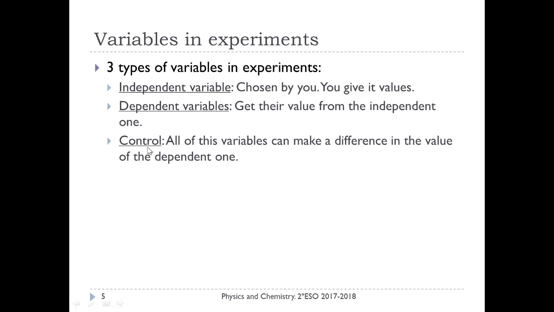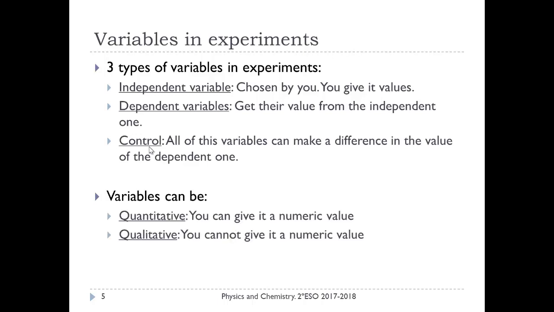And finally, we've got control variables, which are all of the variables that can make a difference in the value of the dependent one. Maybe temperature or pressure, for example. And we have two types of variables. They can be quantitative or qualitative. Quantitative means that you can assign it a numeric value, whereas with qualitative you cannot assign a numeric value, like for example, the color of your hair.